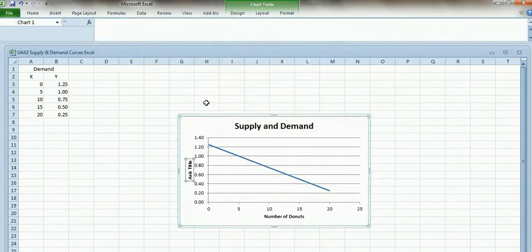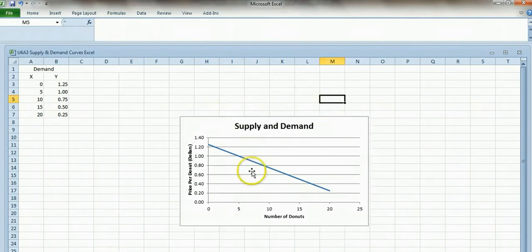We'll label this price per donut in dollars. Hit enter, and there we are. So we now have the demand curve that we've created.